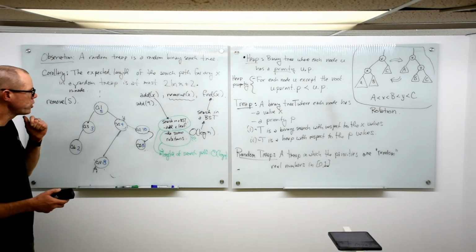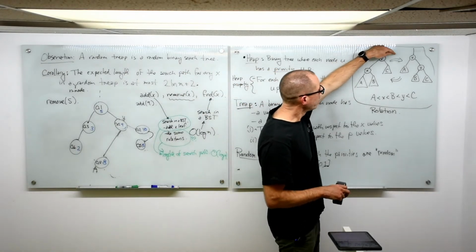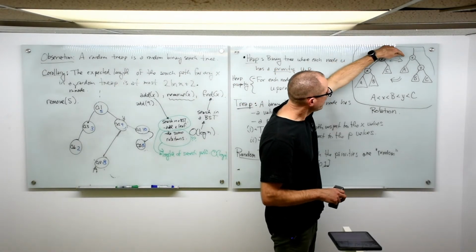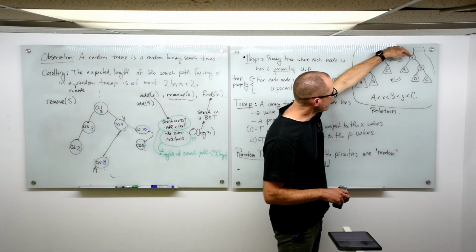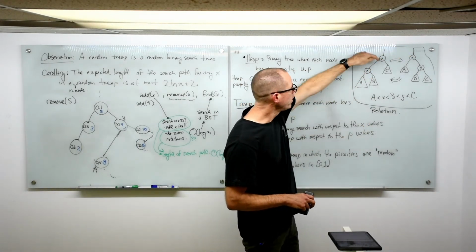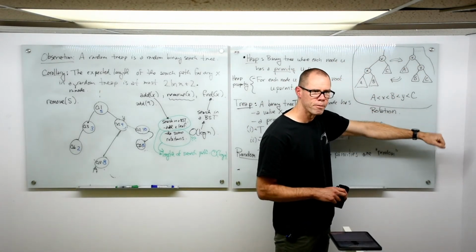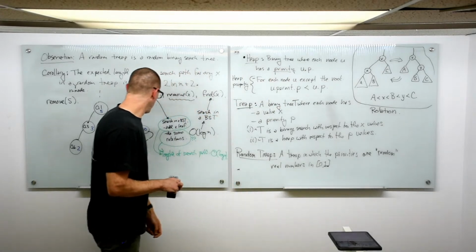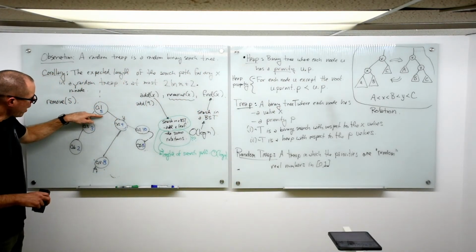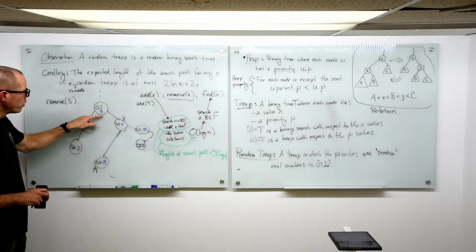Well, what pushes 5 down? Well, these rotations will do that, right? Here, the node X, if I do a left rotation, it moves down in the tree. Here, the node Y, if I do a right rotation, it also moves down in the tree. So if I want to take 5 and push it down towards the leaves, I can just do a rotation.